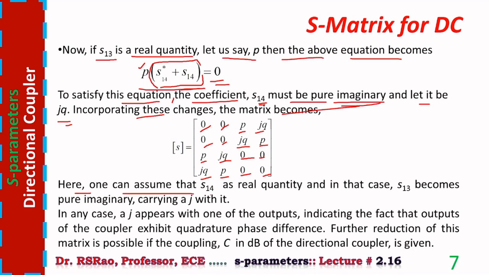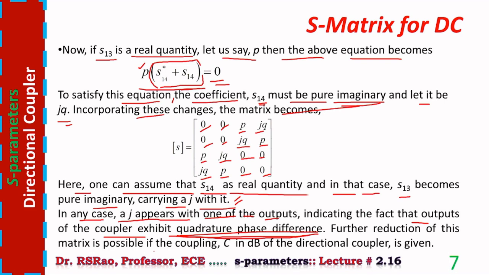Here one can also assume S14 as a real quantity, and in that case S13 becomes imaginary, carrying a J with it. So another possibility is also there. In any case, a J appears with one of the outputs, indicating that the outputs of the coupler exhibit quadrature phase difference. Quadrature means 90 degrees. Therefore, there exists a 90 degree difference between the outputs of the directional coupler.